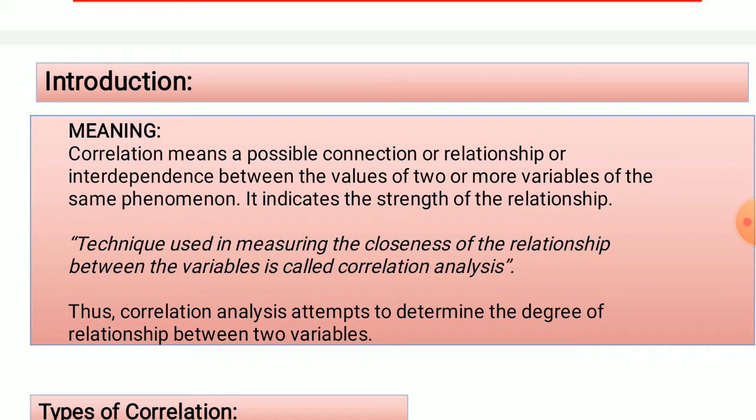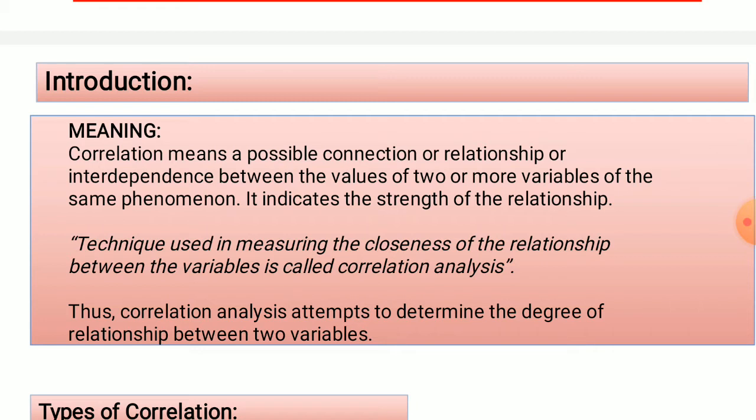And correlation is the statistical analysis which measures and analyzes the degree or the extent to which two variables fluctuate with reference to each other.